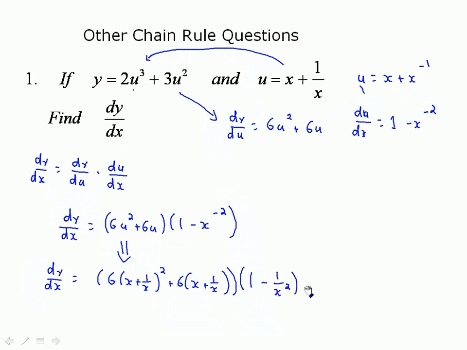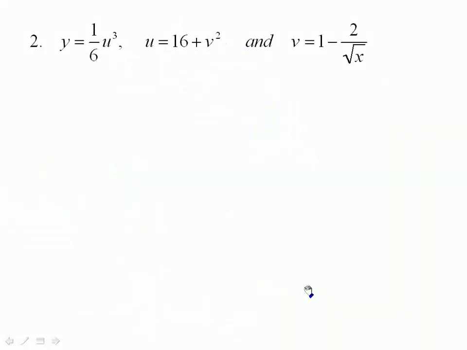So that's the method for it. Was it easier? Well, perhaps. But for sure, when they get really complicated, like the next one, you are advised to do it this way. So the next one looks like this. Given y in terms of u, u in terms of v, and v in terms of x. And we want dy dx.